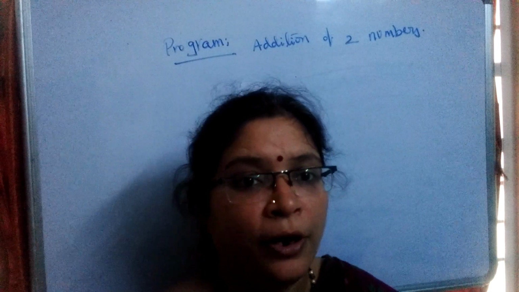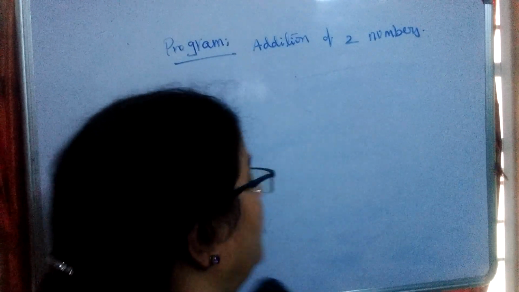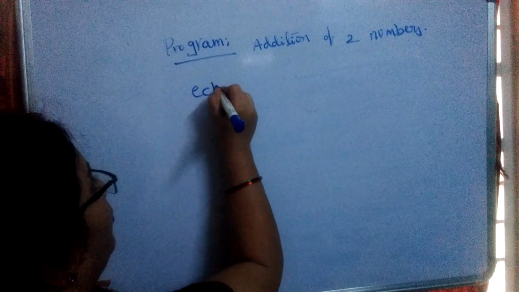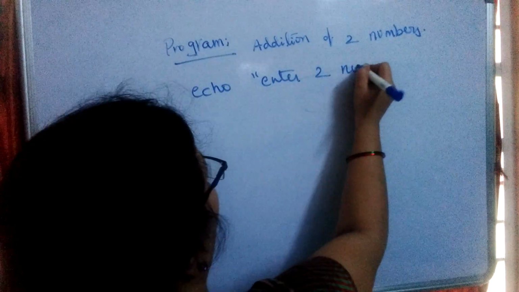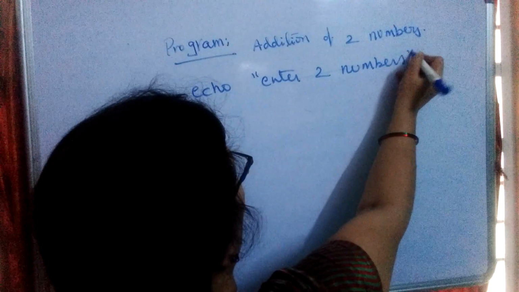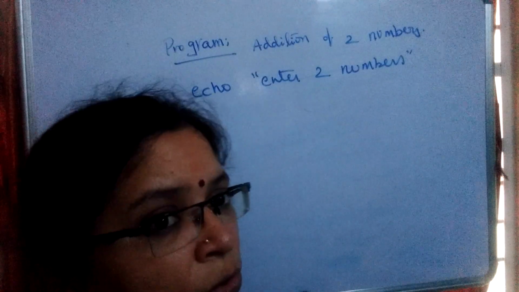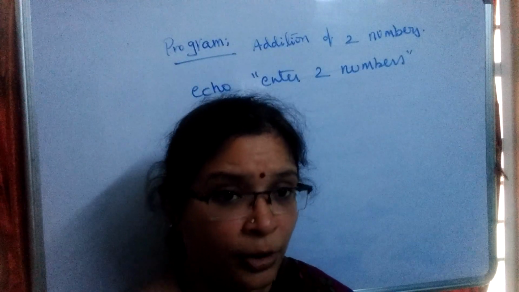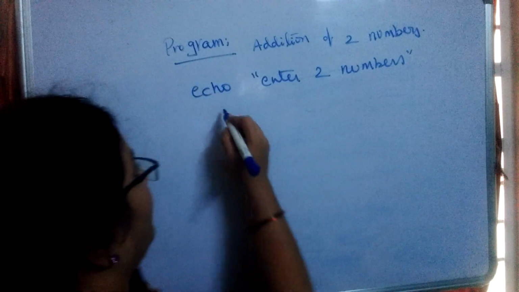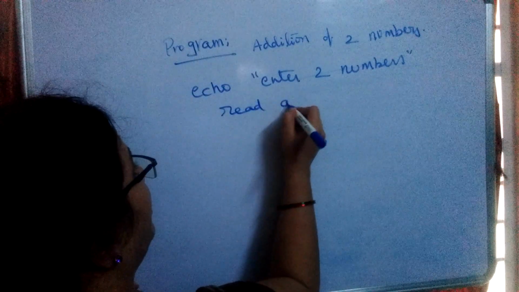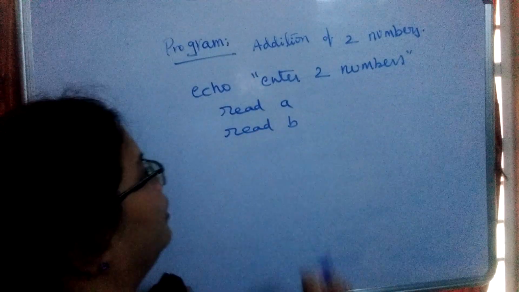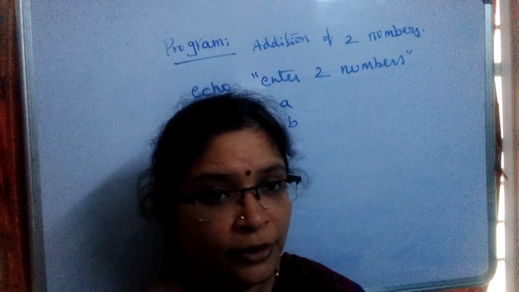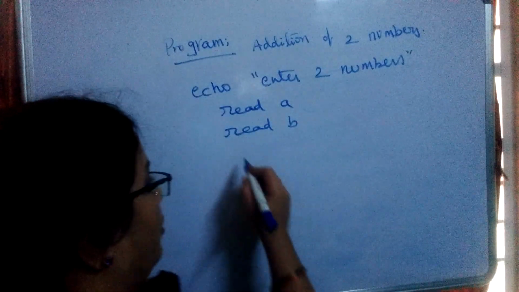We are writing a program which is the addition of two numbers. Okay, echo "enter two numbers". So what command is used to input? Read command. So I am taking read A, read B. And I am outputting this addition into another variable that is called C.